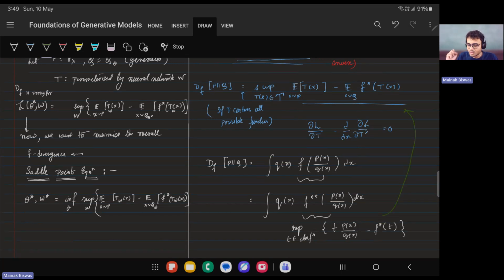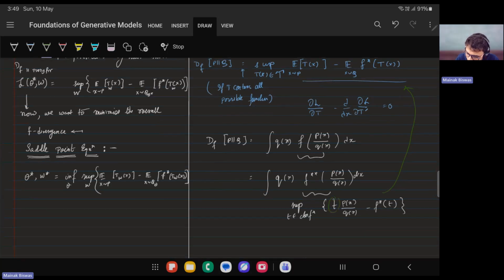So this is what we derived, and once we take the supremum out over all functions, we get this equation, right? So this T we know is a function of x. So we could define a function T which takes in values of x and gives me values in the domain of f star. So it takes a value in x and converts it into the domain of f star.